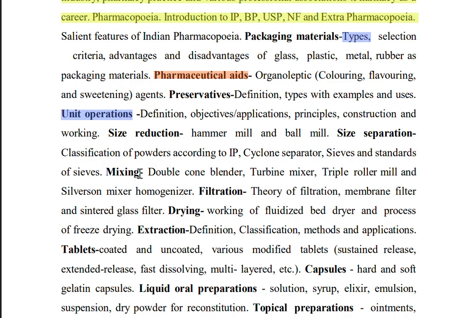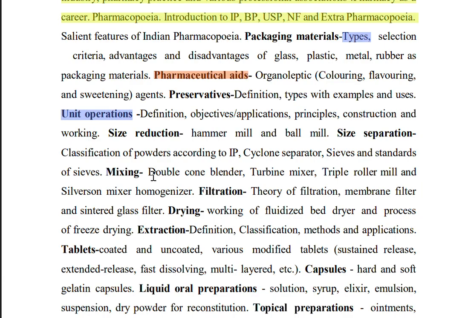And size separation, classification of powders according to the IP. There are several classifications of powders according to the IP. You have to focus on each and every one, including the recent update. Cyclone separators, sieve standards, ASTM. Sieve standards are like sieve number 12, sieve number 48, sieve number 72, and so on.